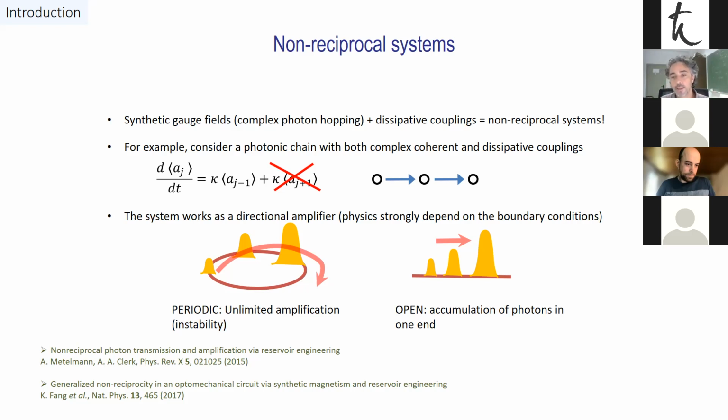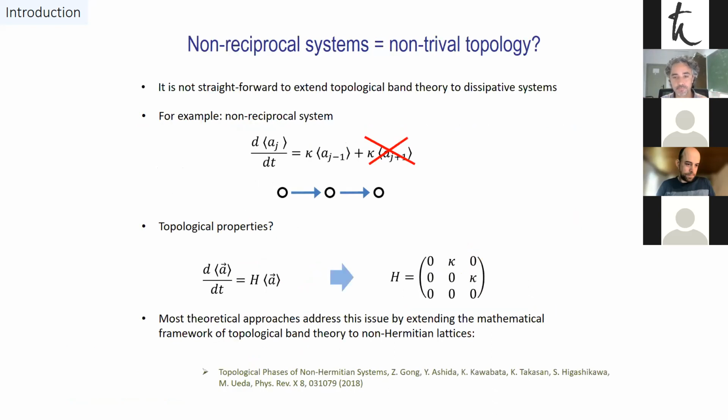And also this accumulation of photons resembles a little bit the spatial profile of an edge state. So the question is, is there a relation between directional amplification and topology, at least topology as we understand it in the physics of topological insulators?